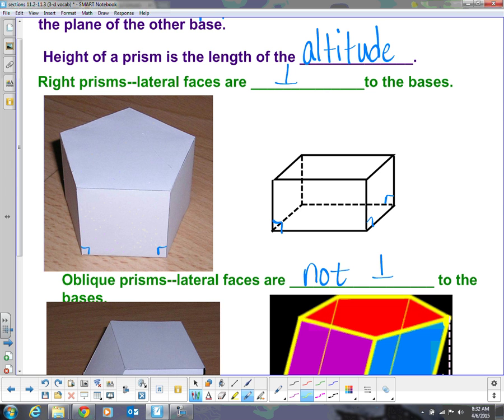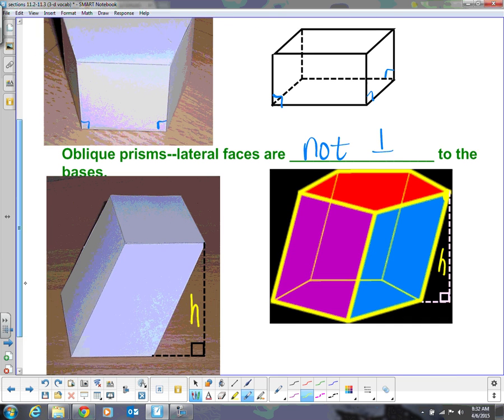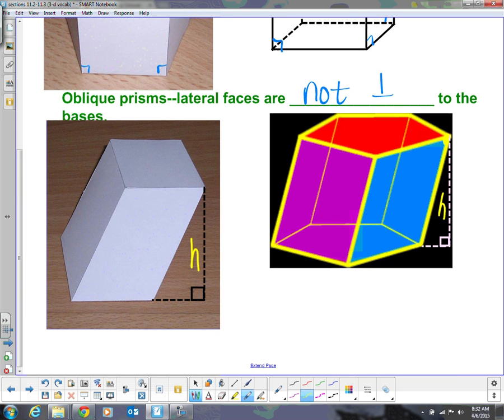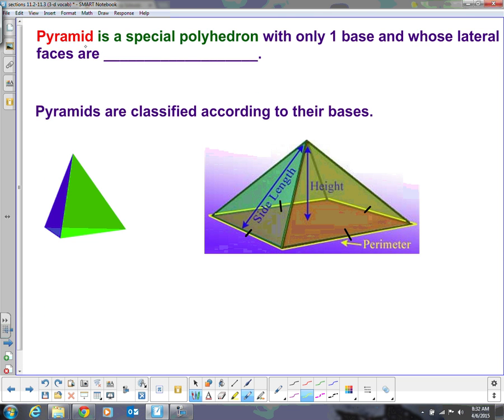All right. Do you see the oblique ones? Everybody see the oblique ones? All right. So a pyramid is a special polyhedron with only one base. How many did prisms have? Two. Its lateral faces are no longer rectangles, they are triangles.